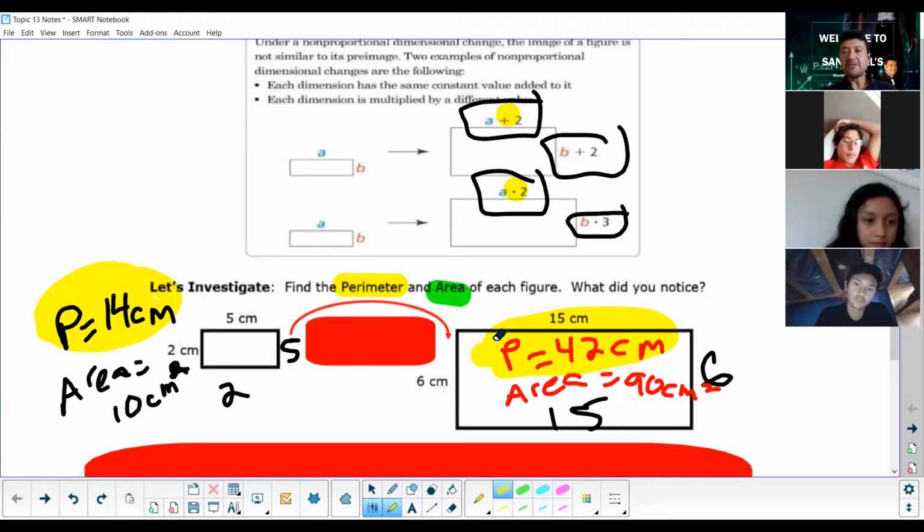Can you share what relationship exists between the small one and the big one? They're the same shape but not the same size? Yeah, so that proves that they're similar, right? But tell me something more specific between the 14 and the 42. They're both in centimeters? Well, they're both in centimeters, good, but I'm looking for more.